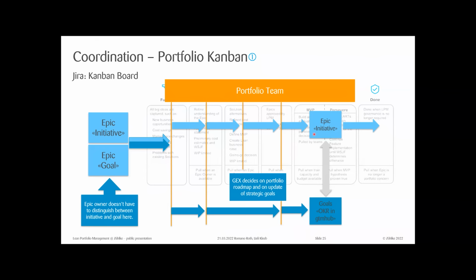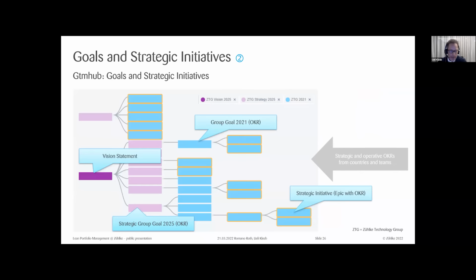Okay. You're welcome. So this is the portfolio. And then let me show you maybe another feature that I find interesting here. We use OKRs at Zühlke. And what we use them for in the lean portfolio context is, you can see this is kind of the North Star here.